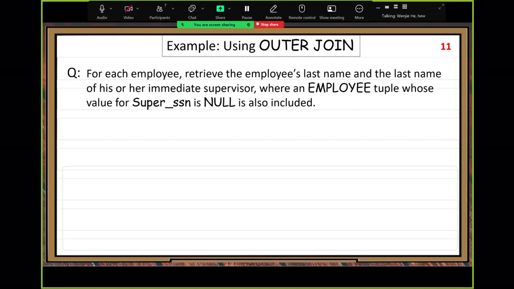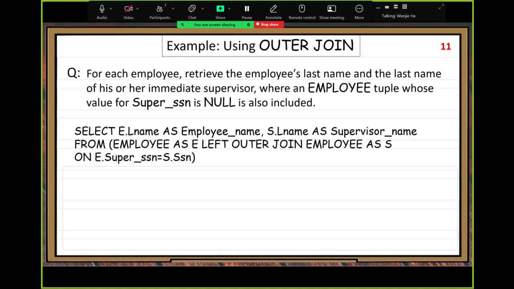An employee tuple whose value for super_SN is null is also included. Because for some employees this part has no matching value, but we still want to include it. So let's look at how to write it.